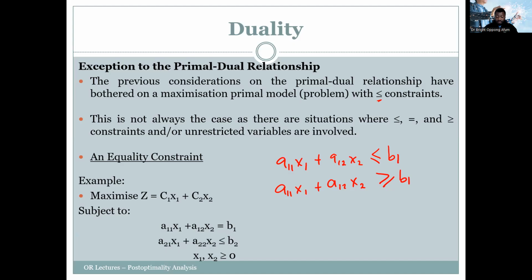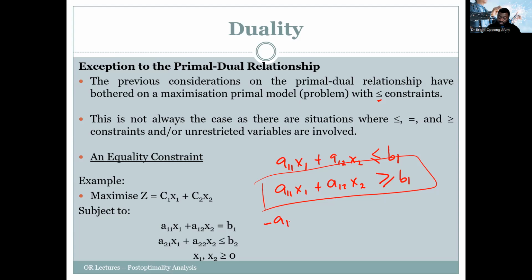So for us to create the dual form of this problem with an equality constraint, we need to break the equality constraint into two, to have less than or equal to constraints and also greater than or equal to constraints. Because it's maximization, we need to convert this into the normal form of a maximization problem.